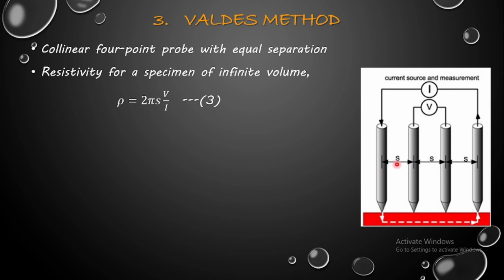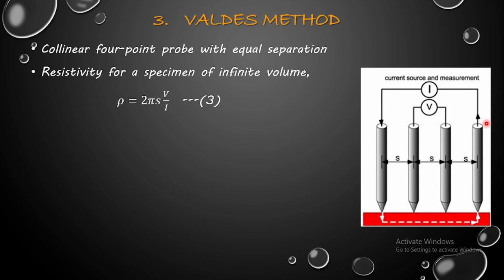Each probe is at a distance, let us say S, and they are equidistant. Again, the distance between the probes is very small when compared to the size of the specimen. So this is, in general, the 4-probe setup. If you find the voltage across the film for a given value of current, then easily you can find the resistance, and finally the resistivity.